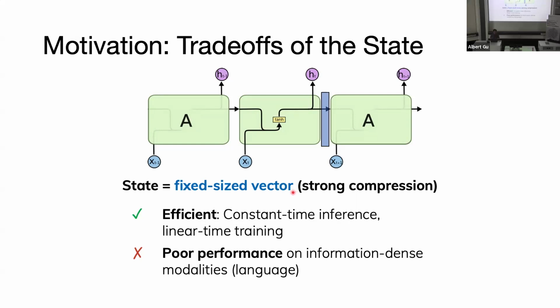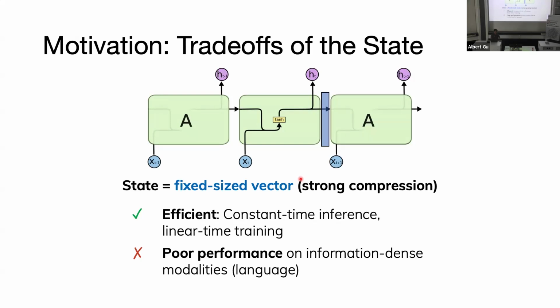This means they're doing very strong compression of the history of the data. So this is once again going to characterize the strengths and the weaknesses of the model. The strength is that at inference time, these models are very fast because they always have a fixed size state. Processing one new input and combining it with the fixed size state is very efficient.